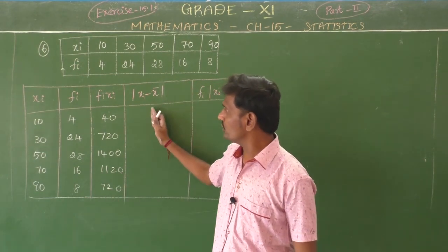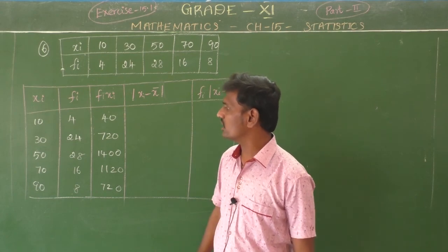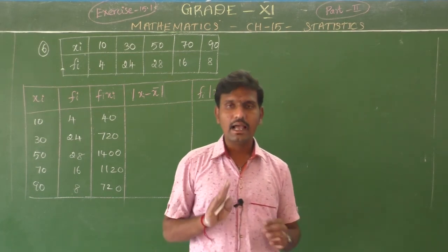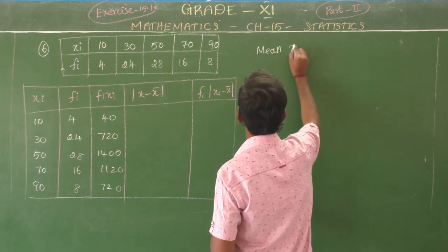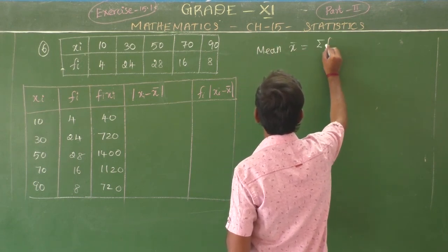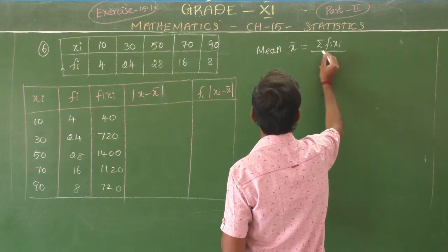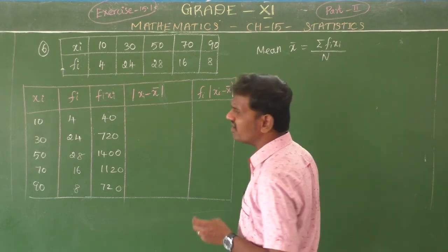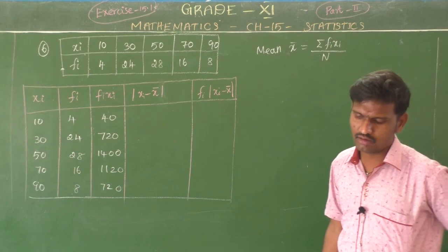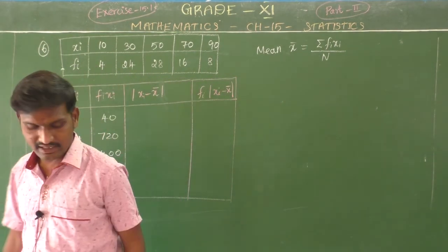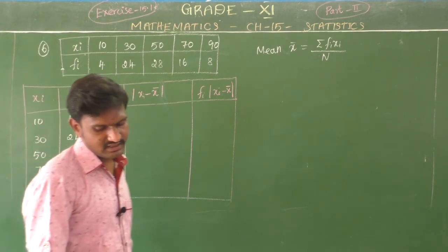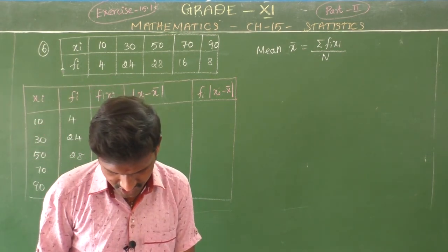And next I am going to take xi minus x bar. Now first I am going to find the mean, x bar, which is equal to summation xi fi whole divided by n, or summation fi. Now I am going to find n. Look at the problem in your question.